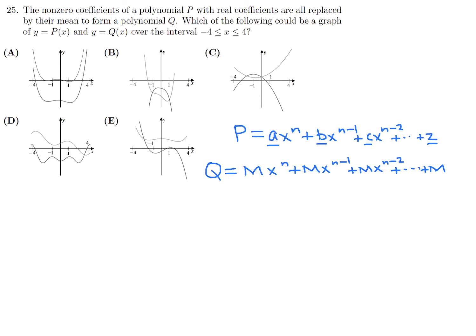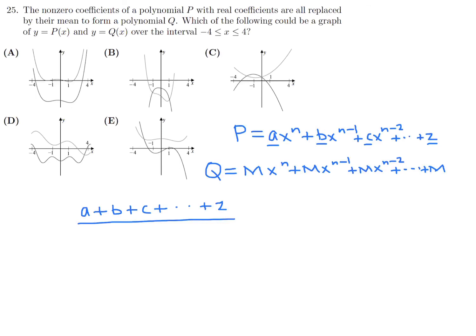Now, what is the mean? The mean of the coefficients of p. So the coefficients of p are a, b, c, all the way till z, right? You have to take the mean of these coefficients. And how do you take the mean or the average? You add them all up and you divide by the number. How many coefficients are there?